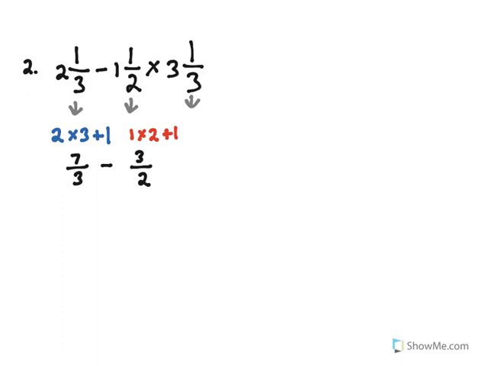And then the third mixed number, we can just take the number 3, multiply it by the denominator 3, and add the numerator, that's 1. 3 times 3 is 9, plus 1 is 10, okay? 10 over the original denominator, which is 3, okay?